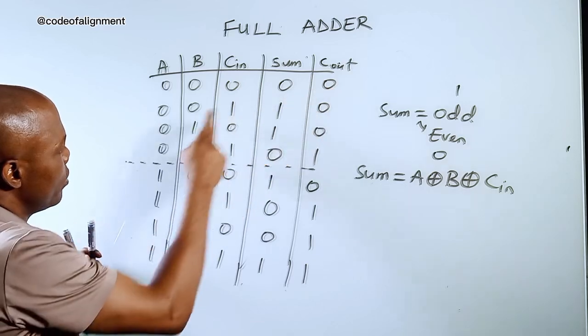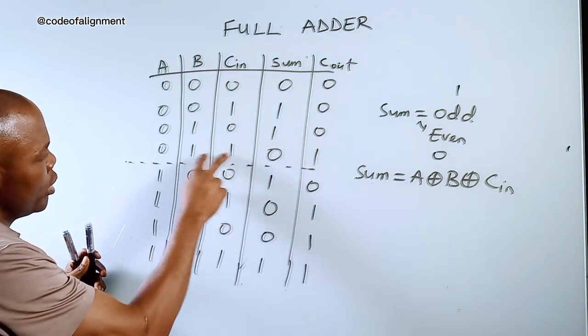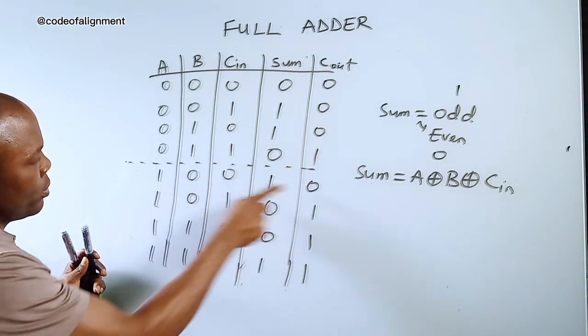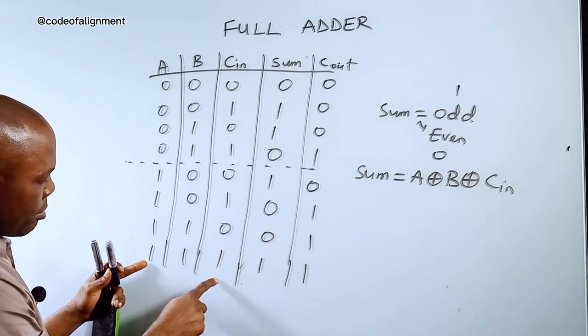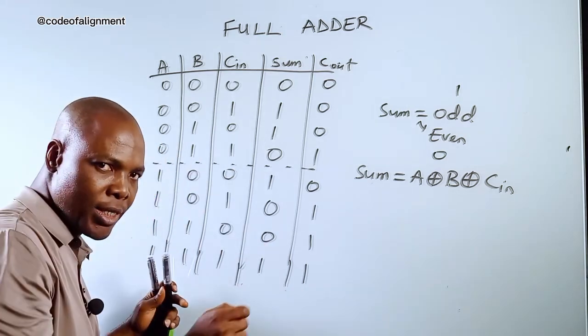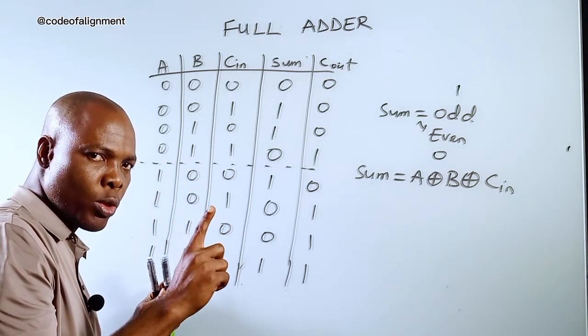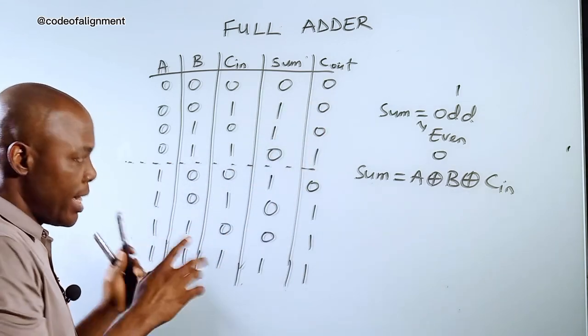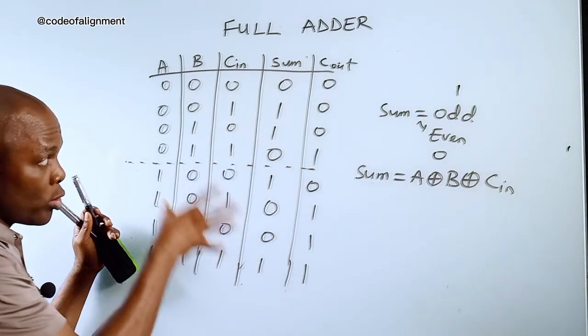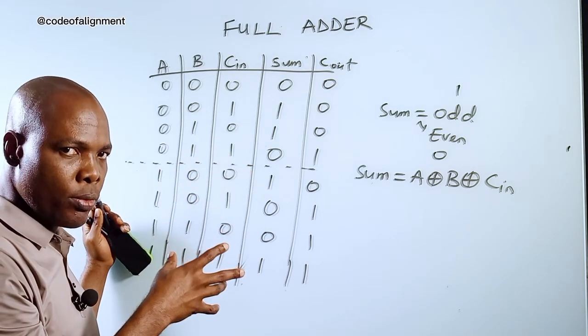No input, 0. 1 input, 0. 2 inputs, 1. 1 input, 0. 2 inputs, 1. 2 inputs, 1. More than 2 inputs, 1. So at least 2 inputs must be equal to 1, and you will get the output to be 1. That is another thing you can derive by just looking at this truth table.